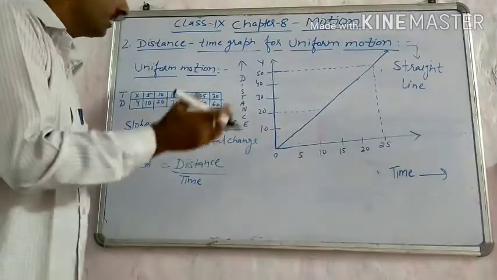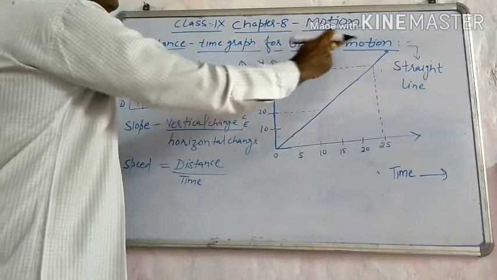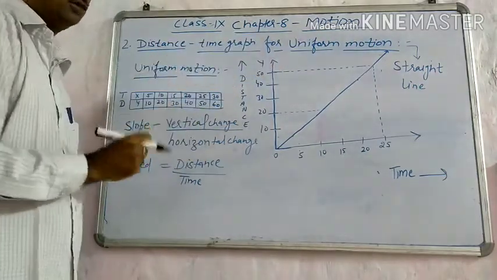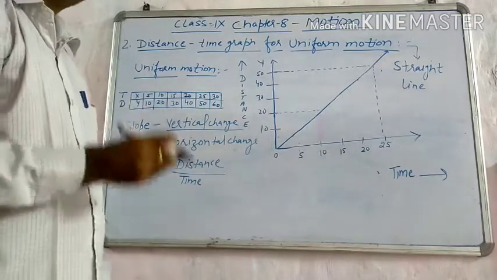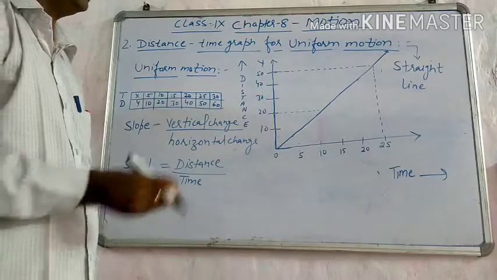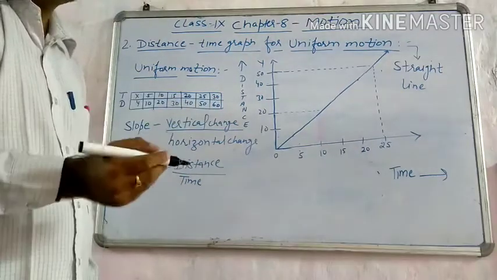Yes student, next is distance time graph for uniform motion. You already know what is a uniform motion. What is uniform motion? Uniform motion is that motion in which the object covers equal distance in equal intervals of time.